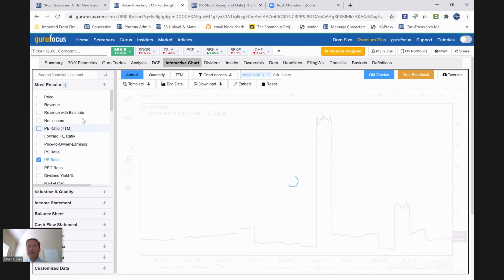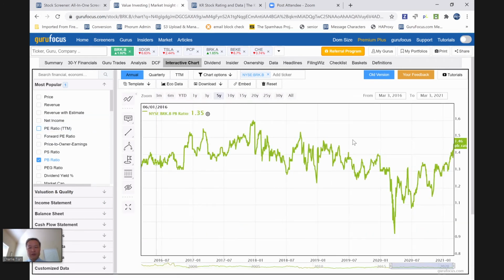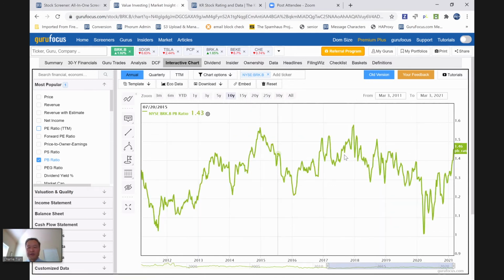If we look at the price book ratio, we can see that it is now, as I said, 1.47, and it was below 1 in March last year. Even now at 1.47, it has increased quite a bit over the past year, but it's still a pretty low valuation.